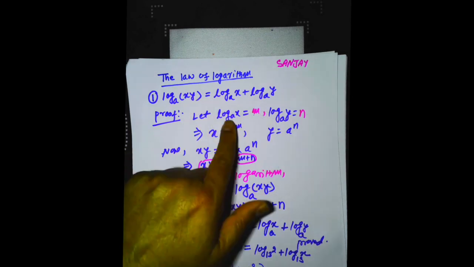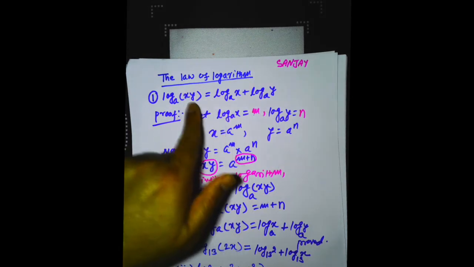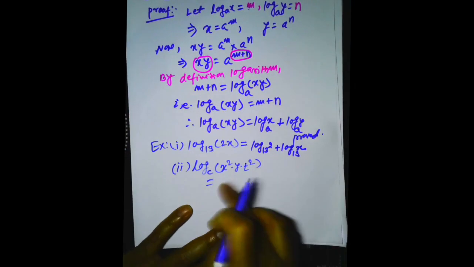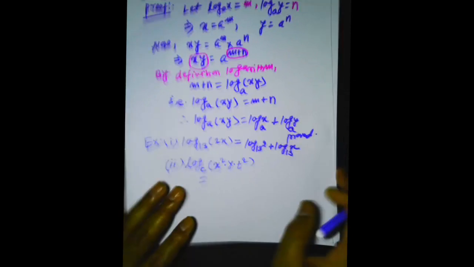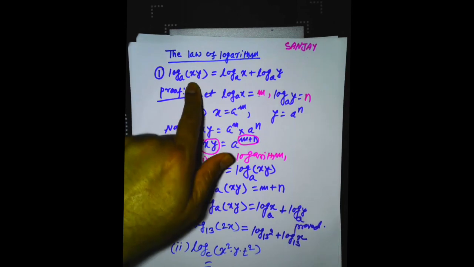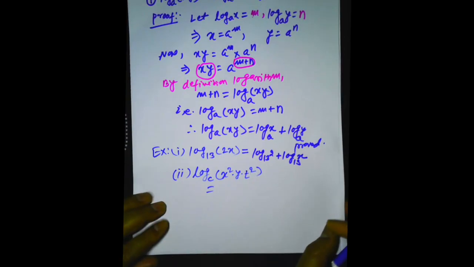If there is another number also, for example z, in that case it will be log x plus log y plus log z. So here we have three numbers, and if you apply the first law of logarithm, which is for the product form of the numbers, here are the three numbers in product form.